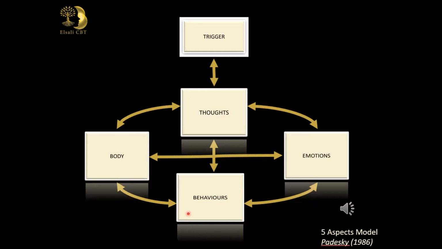So sometimes the quickest and easiest way for us to work on this cycle is actually to work on the behaviours first. And that is because although you may not be able to recognise the thoughts that are coming to you at the time that the trigger is happening, you will be probably fully aware of what your behaviours are in that situation.